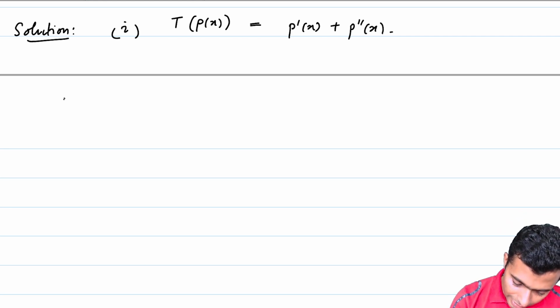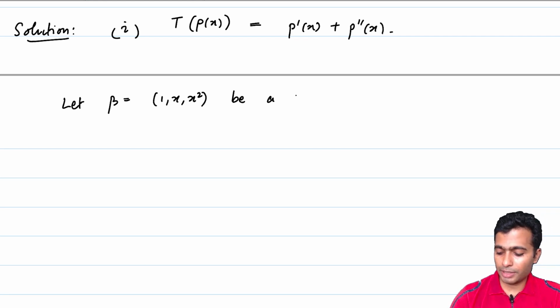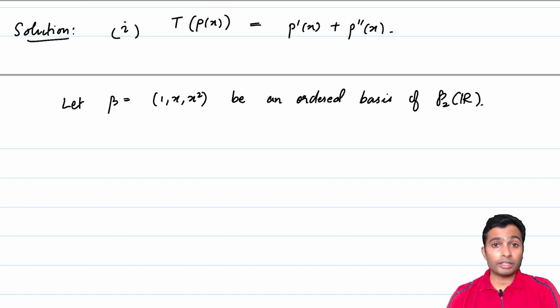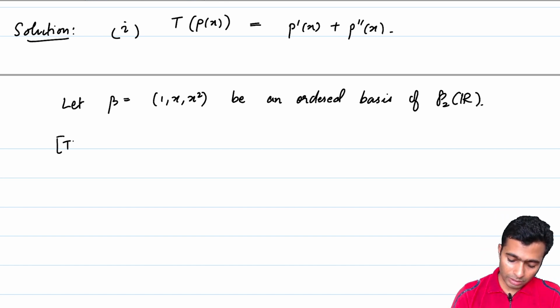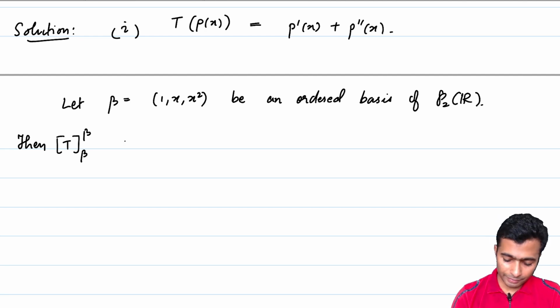So let's fix a basis. So let beta equal to {1, x, x square} be an ordered basis of P2 of R. Now let's calculate T beta beta, the matrix of T with respect to beta.